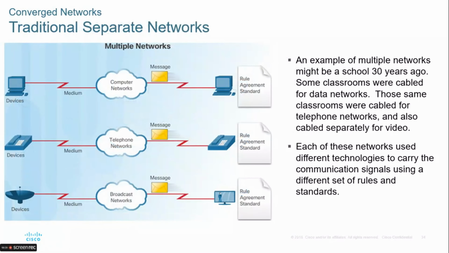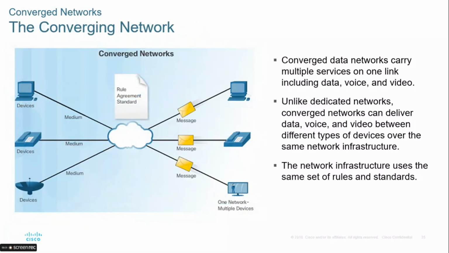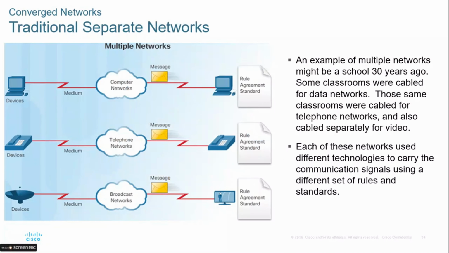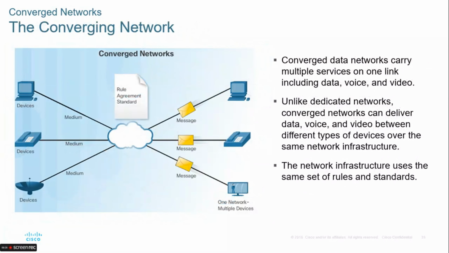We've got this section, converged networks. In traditional networks, data and voice were separate. They were flowing on different pathways, unlike in modern networks whereby data and voice are integrated, and that leads to the creation of converged networks.